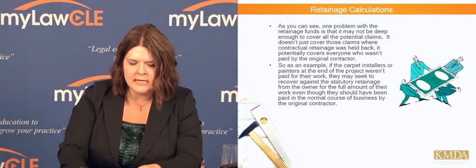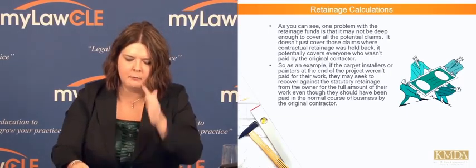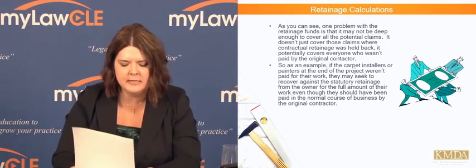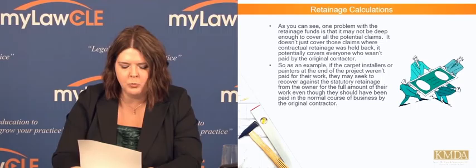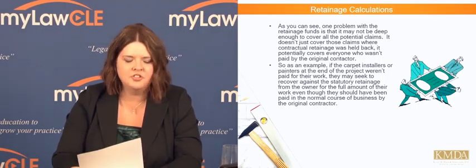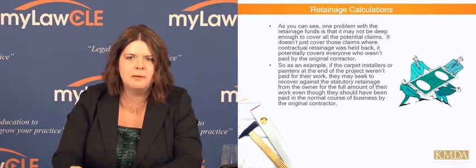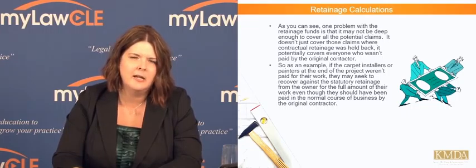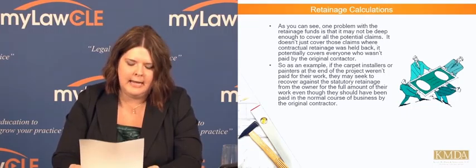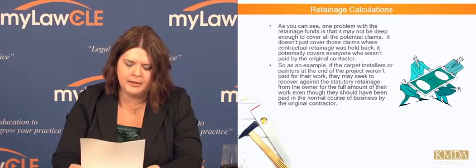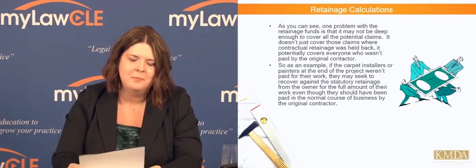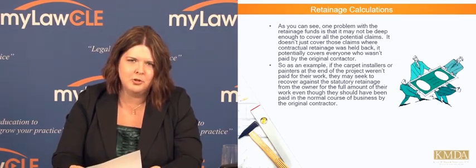There are a few practice hints I would tell you, though, that apply to almost all states. Make sure whether or not the mailbox rule applies in your state and whether or not it has to be recorded by the deadline. So Texas has a mailbox rule on the notice letters, but it doesn't have a mailbox rule on the mechanics lien filings.